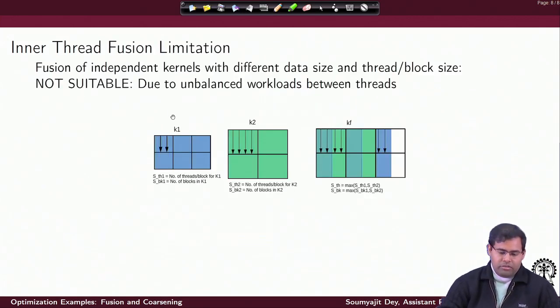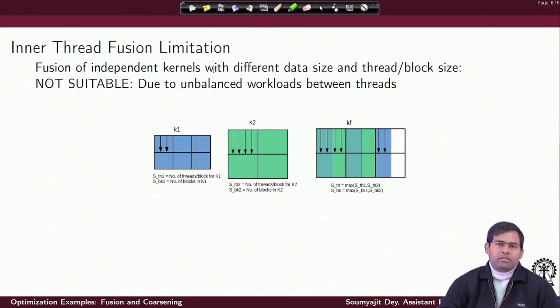So from this the point to take home would be that when I am trying to fuse independent kernels, we should take care that at least there is similarity of threads per block, even if there are differences in block size.